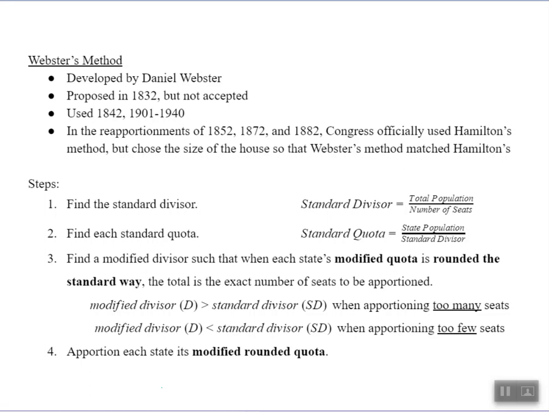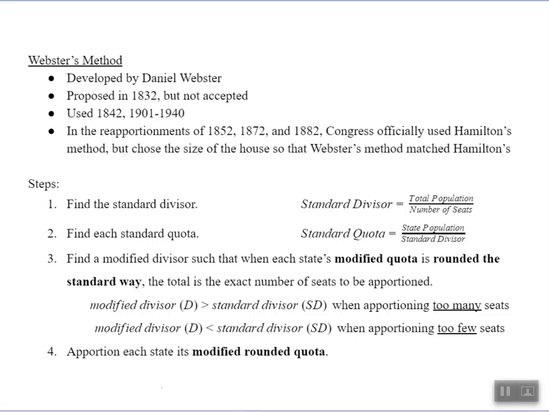Webster's method starts off exactly the same as Jefferson and Adams' methods. You find the standard divisor, find the standard quota. But Webster's method, instead of always rounding down or always rounding up, rounds normally.